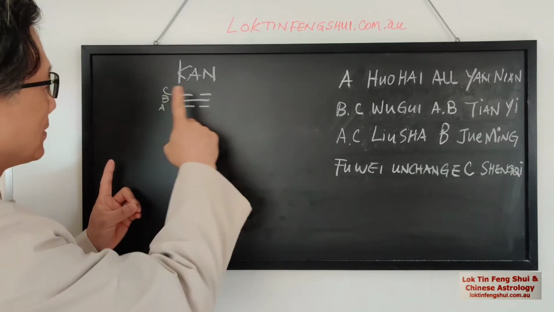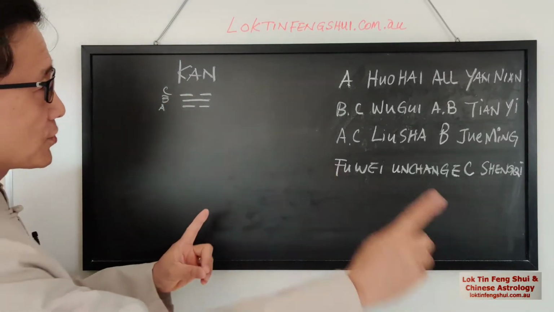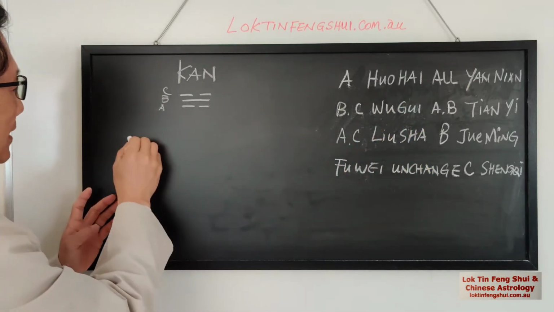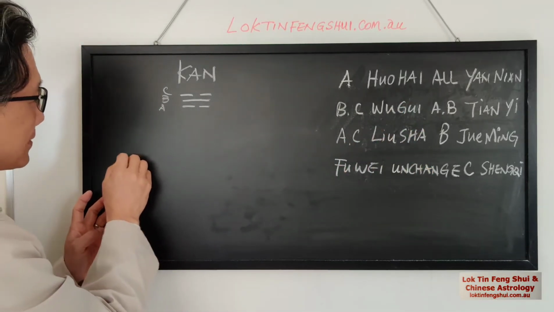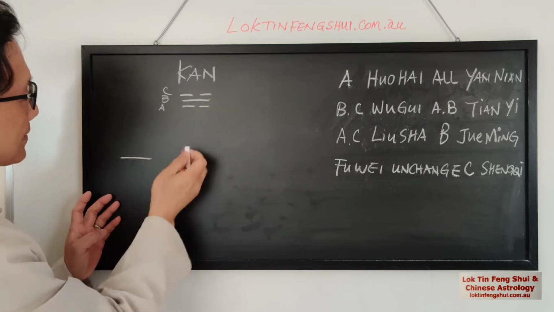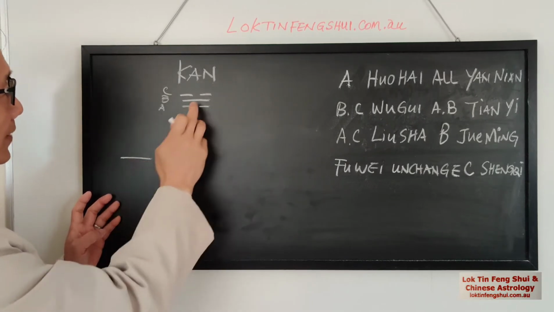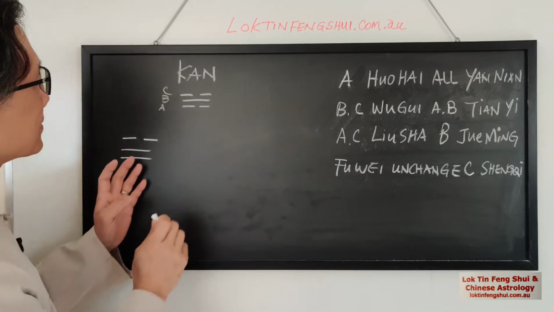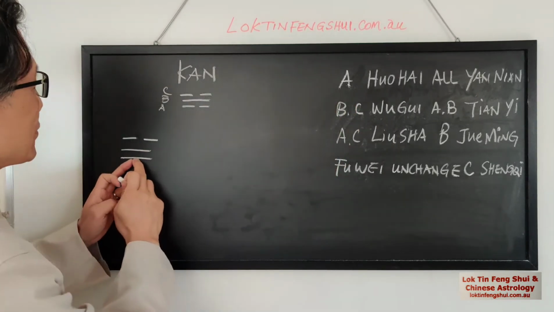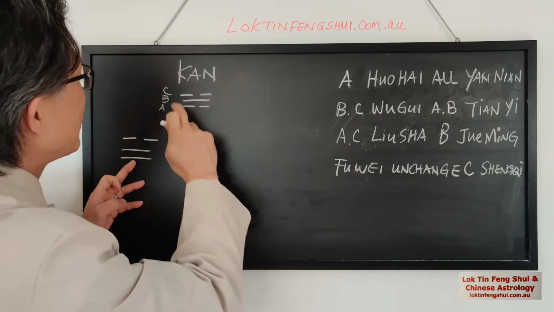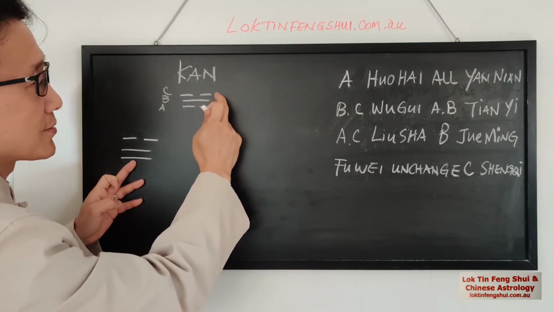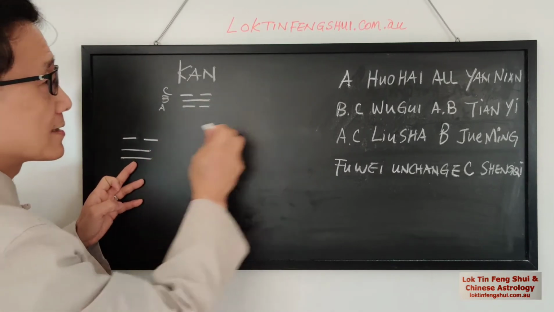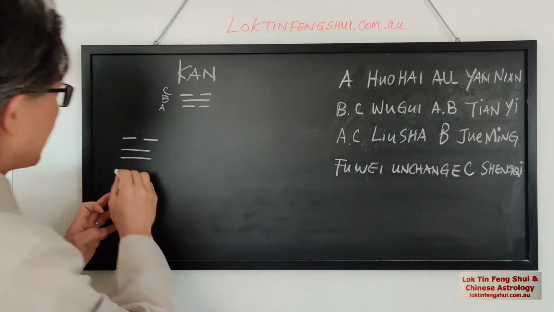So if the first yao changes, it will be yin become solid, become yang, and the other two are unchanged. So this is A change, B does not change, C does not change, and that is the Huo Hai.